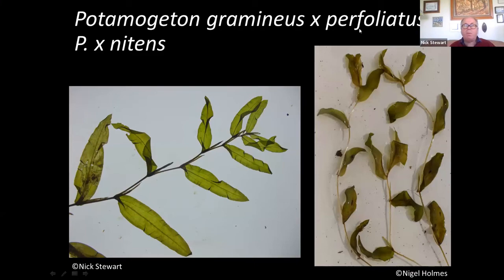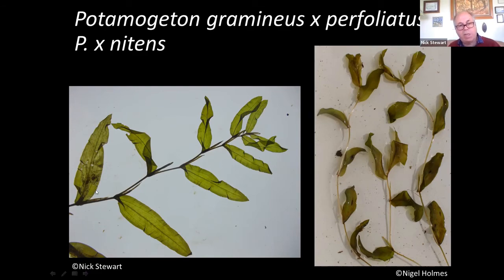Of those three, probably the most frequent is gramineus and perfoliatus, which is called nitens. What you're looking for in that tends to be something rather gramineus-like. So you've got the pointed tips, the leaves, and often the rather curliness and these rather short pointy stipules. But the difference is that the leaf base is quite rounded. You can see it particularly there.